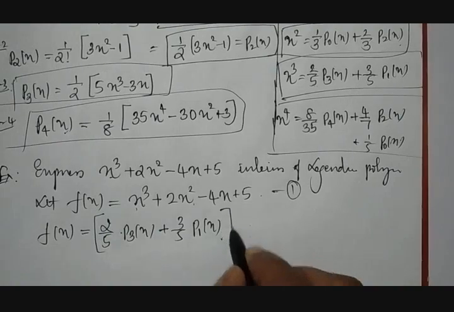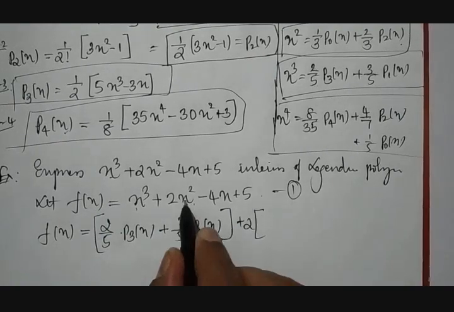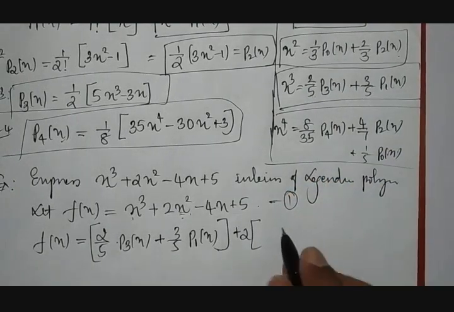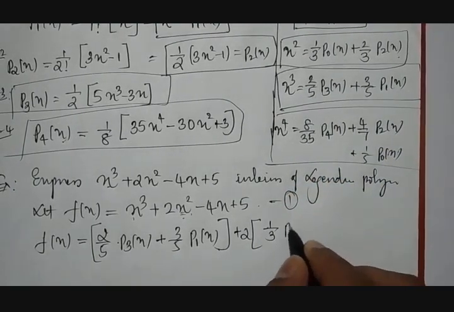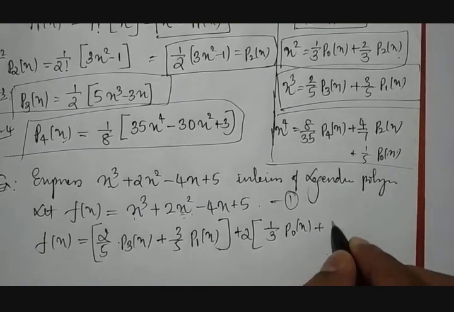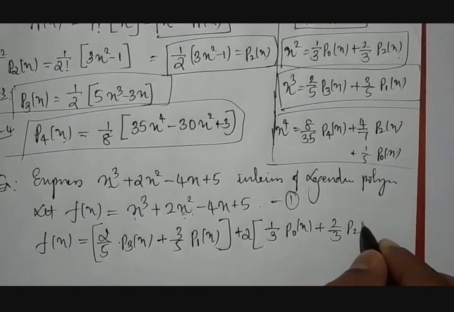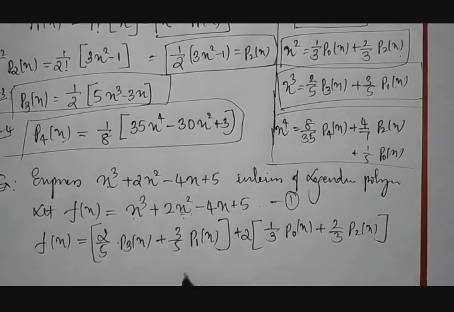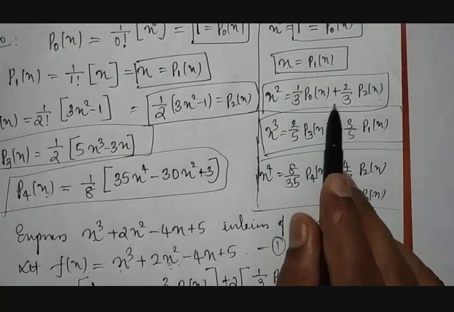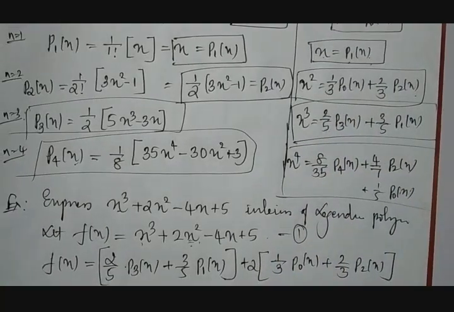Okay, plus 2 times x square. How will that x square be expressed? It will be expressed like this: 1 divided by 3 p0 of x plus 2 divided by 3 p2 of x, minus 4 into x. How will x be taken? x is nothing but p1 of x.